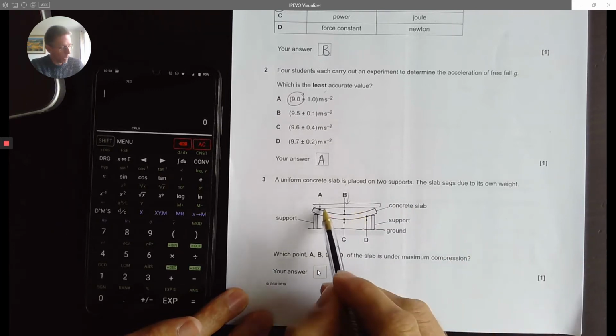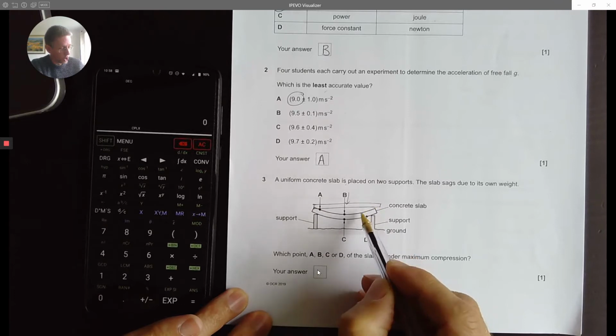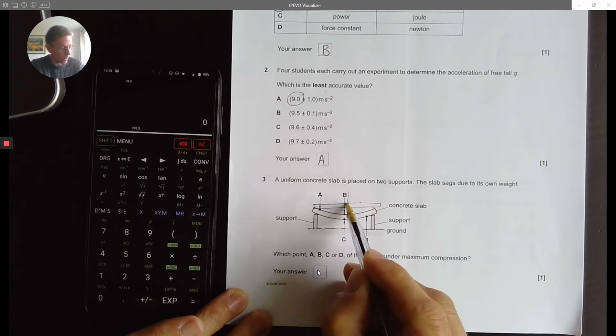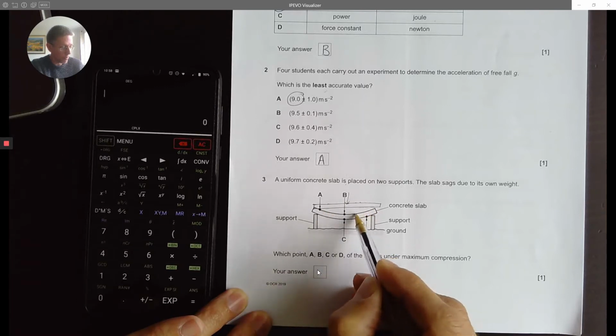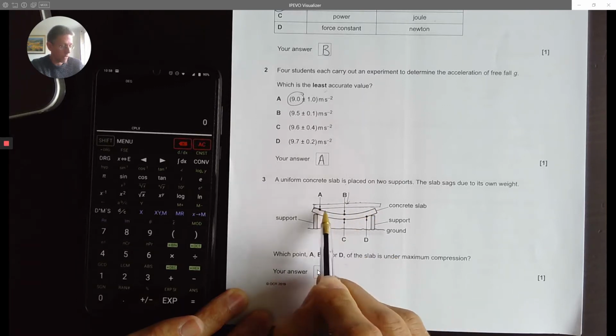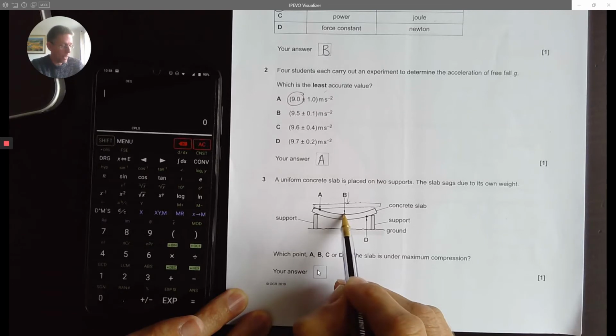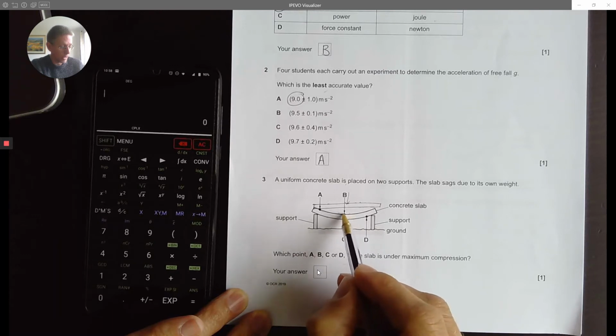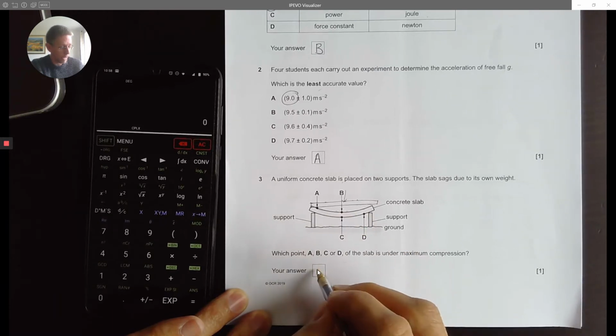But the bit on the top has been squashed down together. These ends have come together a little bit, and all the particles along the top row will have been squashed together. They've been compressed on the top, so your answer is A or B. And then B is undergoing the greatest change in shape, and so this is where the greatest compression is going to be. So our answer here is B.